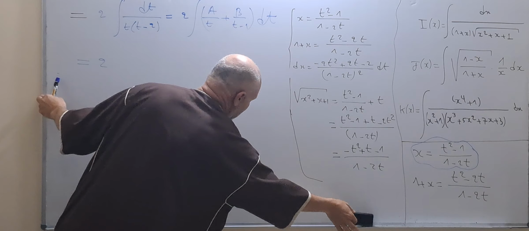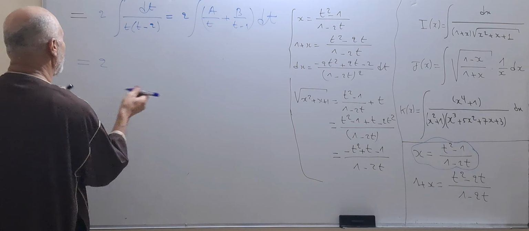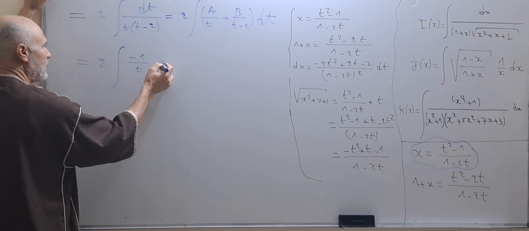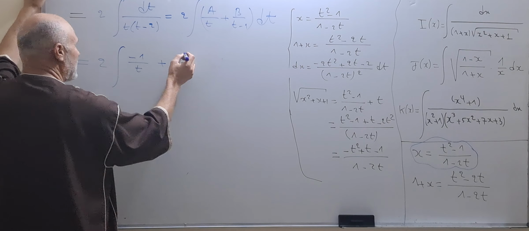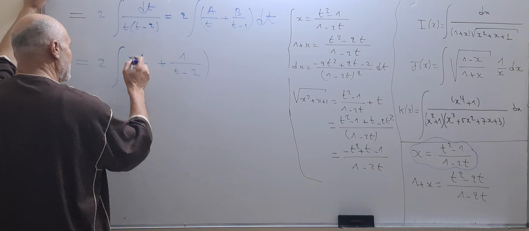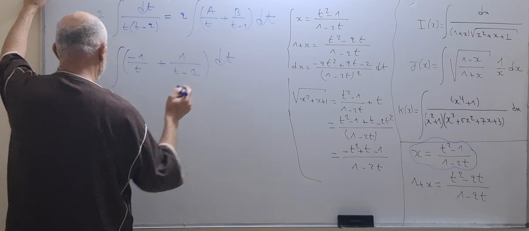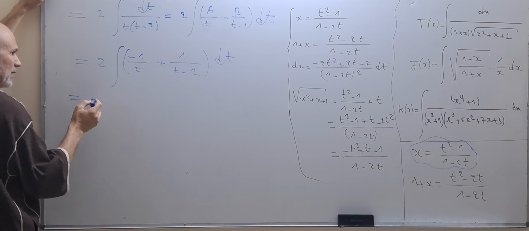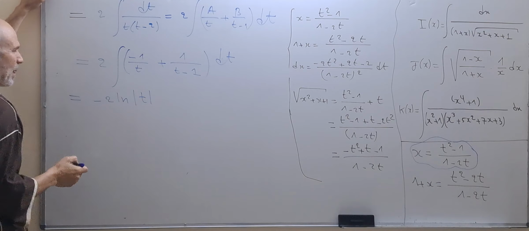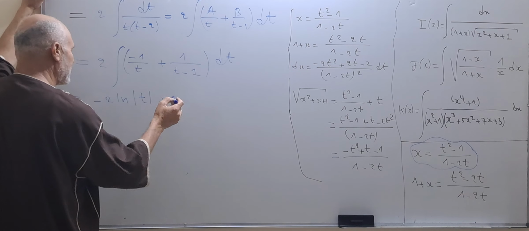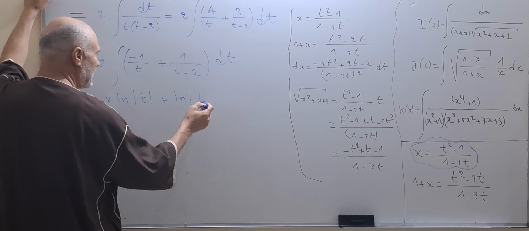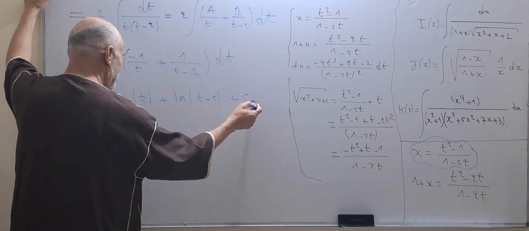So our integral takes the following form: the integral of minus 1 over t plus 1 over t minus 1 dt, which is equal to minus ln absolute value of t plus ln absolute value of t minus 1 plus a constant.